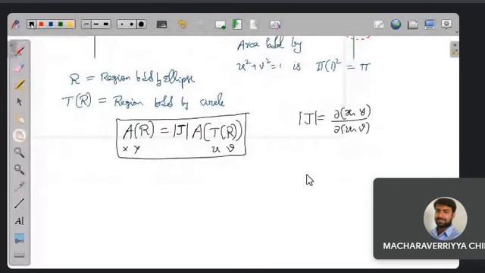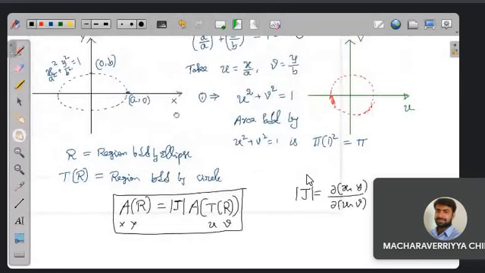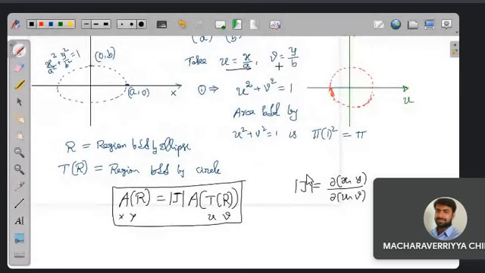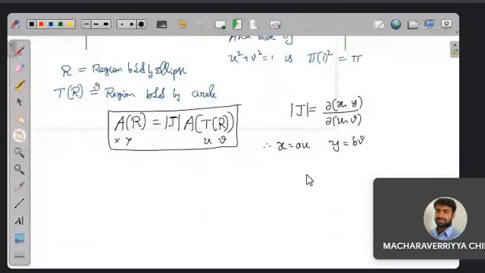Maybe before that I need to write what u and v are, no? U and v we already wrote here. Now let us convert in terms of x and y. So if you convert, x equal to au and y equal to bv, right? Now the Jacobian is given by the derivative of x with respect to u, derivative of x with respect to v, and the derivative of y with respect to u, and derivative of y with respect to v.